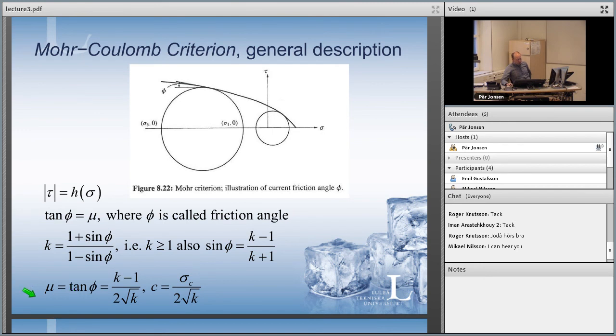And you take the tangent of theta, which is the friction angle. If you pressurize granular material at different points, low pressure, medium pressure, high pressure, you will have a nonlinear function, which can be this h, for example, here.